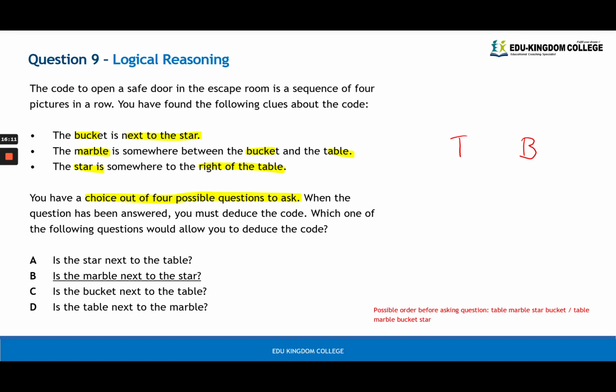Marble is somewhere between bucket and table. So we can have marble here, for example. The star is somewhere to the right of the table. Okay, so you can have marble, star, bucket like that, or table, marble, bucket, star. Okay, so those are the 2 possible orders. And to figure out which way it is, you can ask about the marble and the star being next to each other or not, which is B.